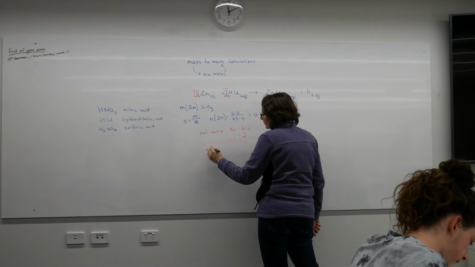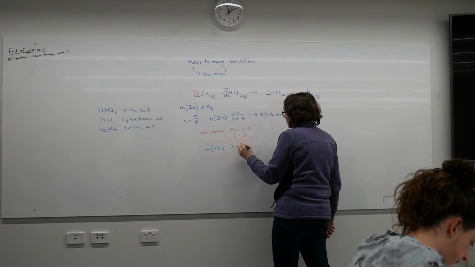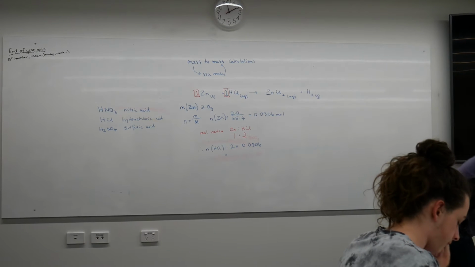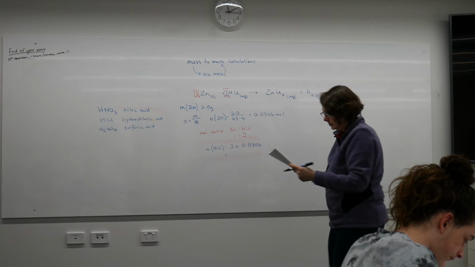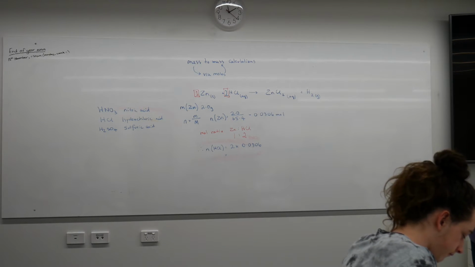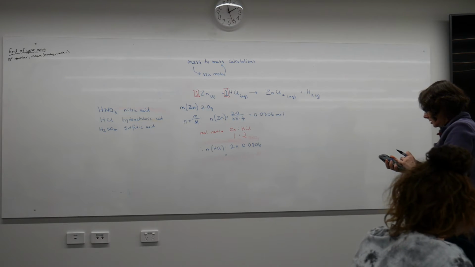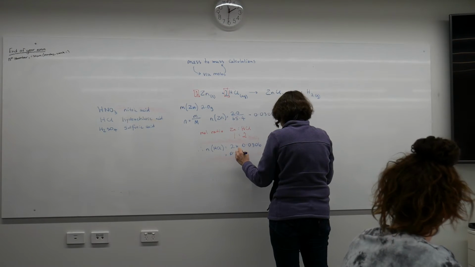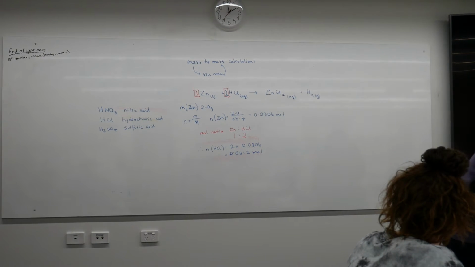So therefore the moles of hydrochloric acid will equal 2 times this. Sorry, I didn't do it as a separate calculation. Okay, so that's how many moles of hydrochloric acid we need.